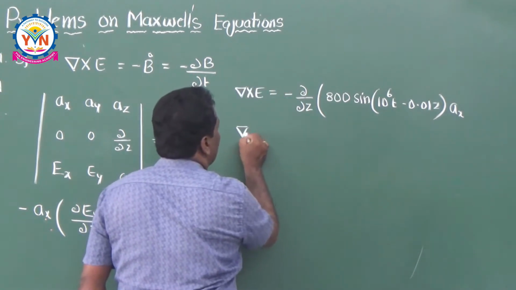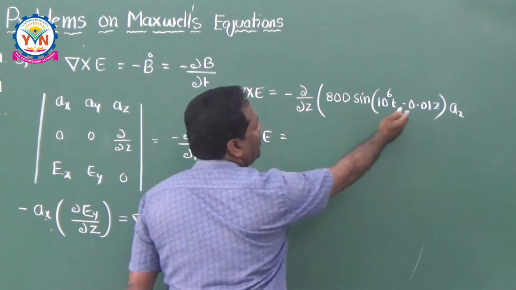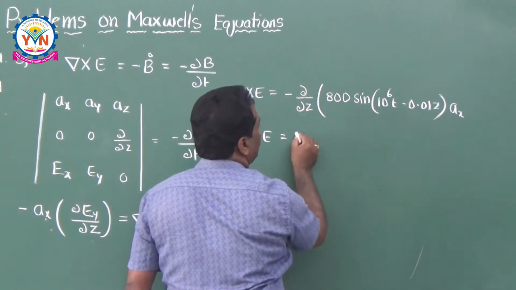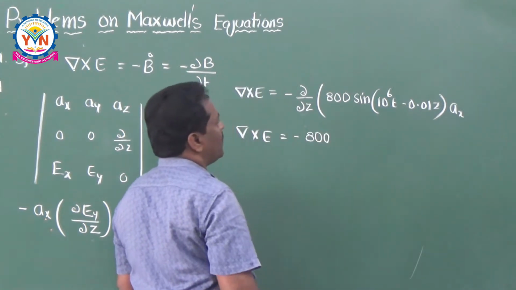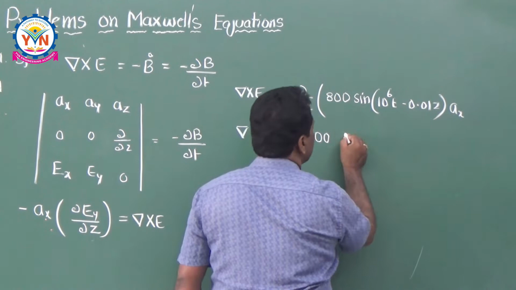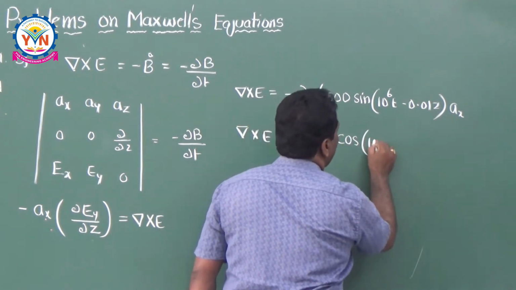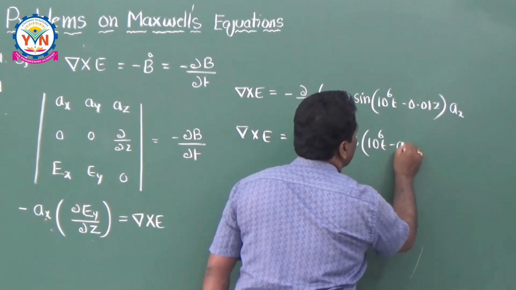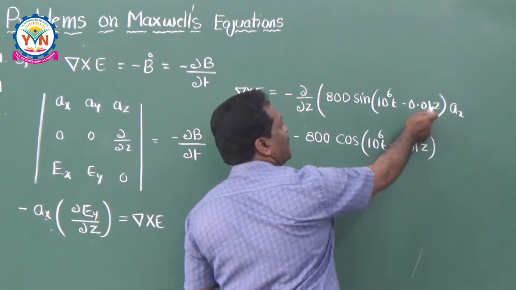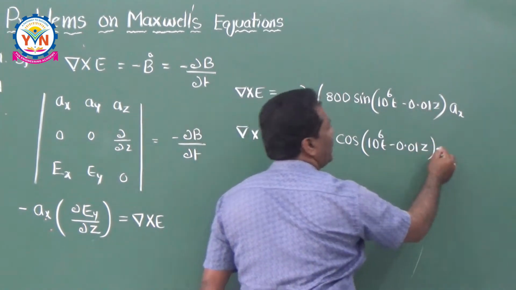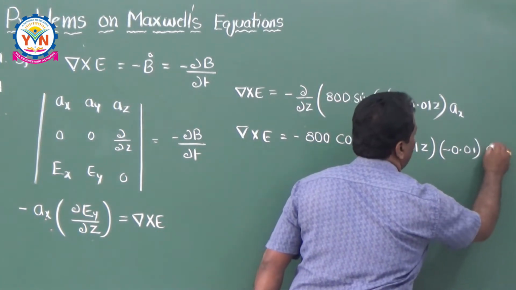So del cross E is equal to, and you do this partial differentiation with respect to z here, then you are going to get minus 800, the derivative of sine is cos, cos(10^6 t minus 0.01 z), and differentiation with respect to z gives minus 0.01, in the AX direction.